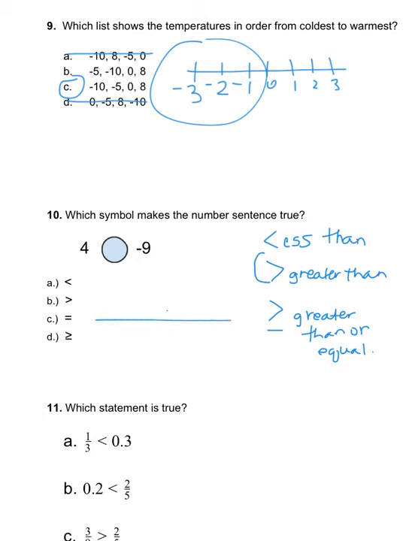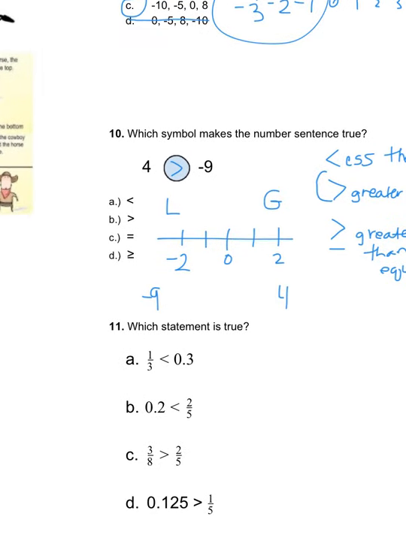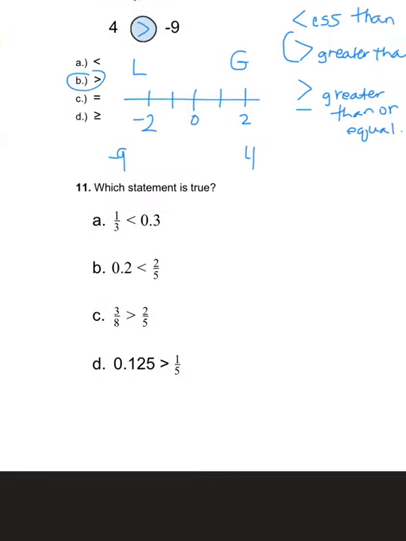So thinking of the number line, okay, here's my positive numbers, here's my negative numbers. Well, 4 is on this side, so these ones are greater, these ones are less. So 4 is over here, -9 is down here somewhere, so actually 4 is on the greater side, so that would be our symbol we would want to put there. Picking answer B.